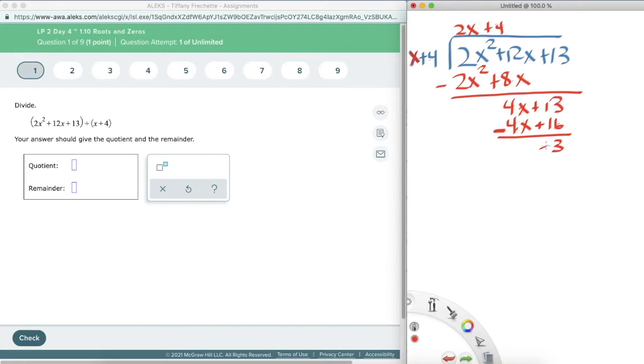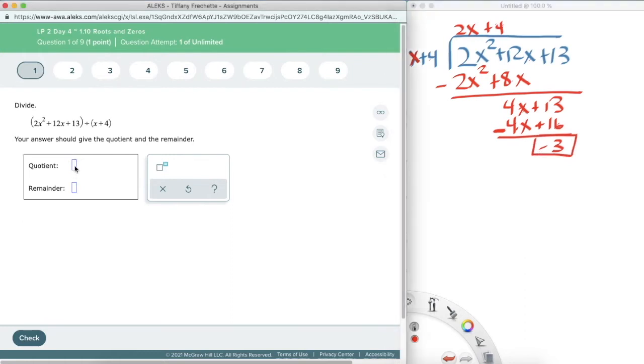So now we've gotten down to negative 3. There's nothing I can multiply x by to get it to just be negative 3. This is called a remainder. So this is what's left over. So my quotient is going to be 2x plus 4, the piece we have on the top here, and my remainder is negative 3.